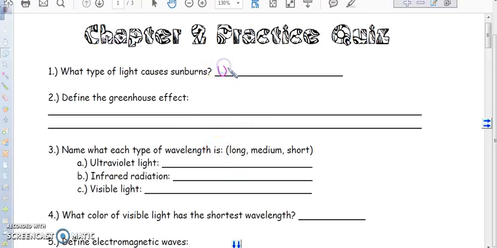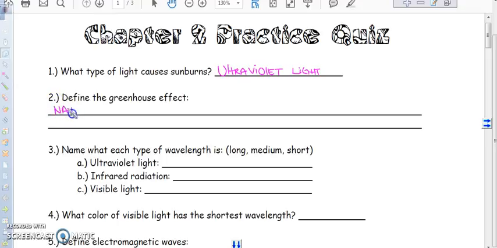Well, ultraviolet light. Define the greenhouse effect. Well, the greenhouse effect holds in heat by the gases in the air, but we're going to go a little bit longer with it just so you have all of it.